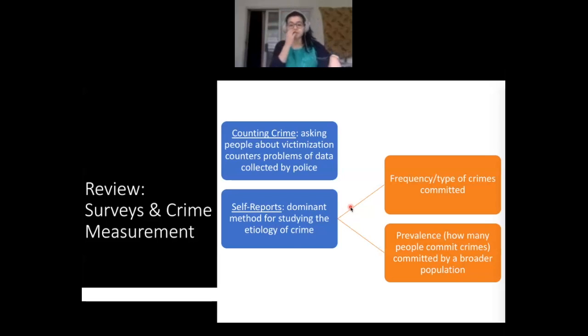So surveys were a way for us to understand that crime occurs in different spaces based off of self-report data. People anonymously reported whether or not they committed certain crimes, and told researchers how frequently they do it, the extent to which they do it. And that allowed us to really see that there was a gap in understanding crime and crime figures.